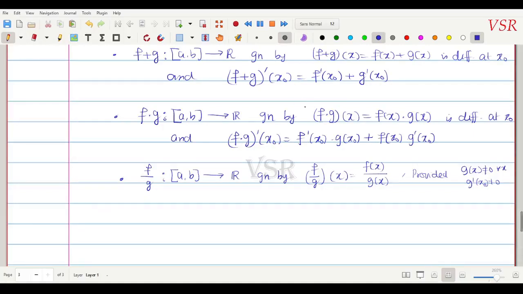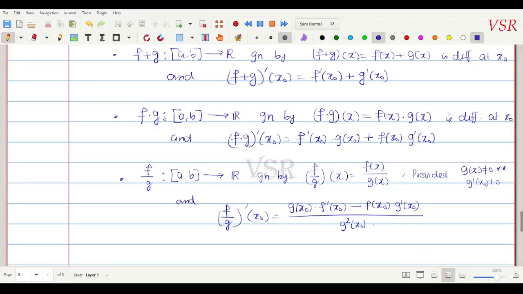சரி, ரைட், ஓகே. ஸோ இதனுடைய டெரிவேட்டிவ் என்னது அப்படின்னா, f by g dash at the point x naught which is equal to, that is, g at x naught into f dash at x naught minus f at x naught into g dash at x naught divided by g square of x naught.